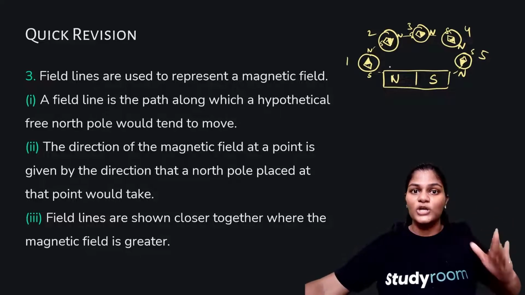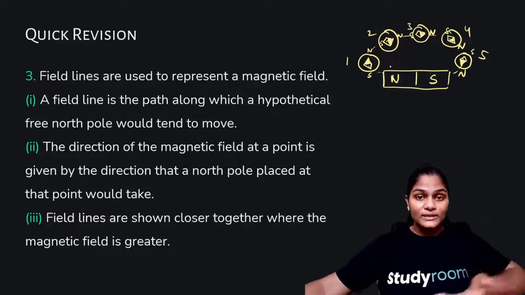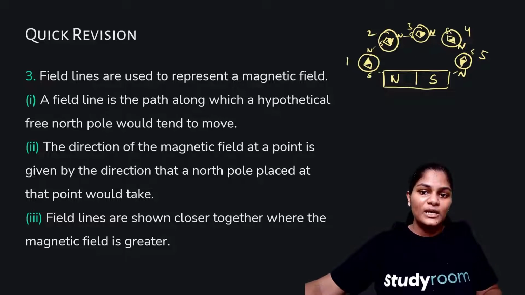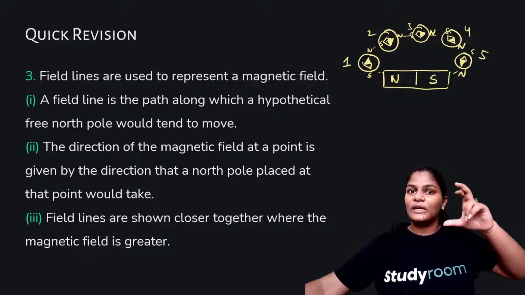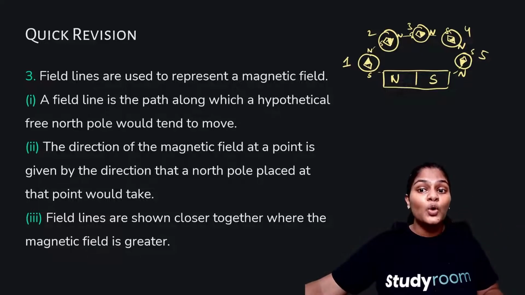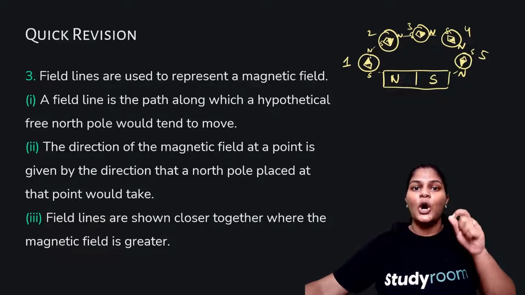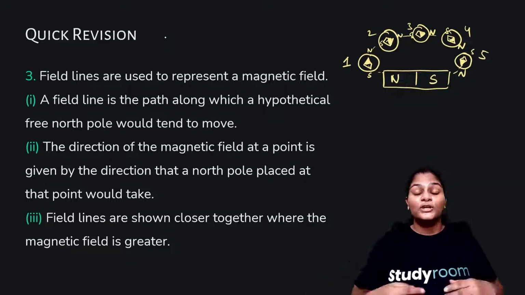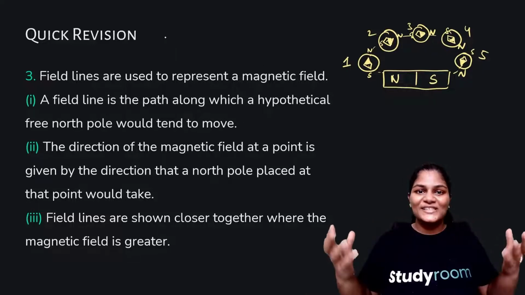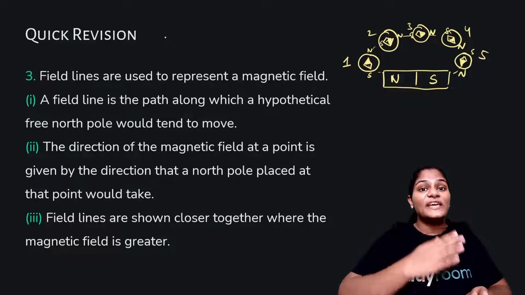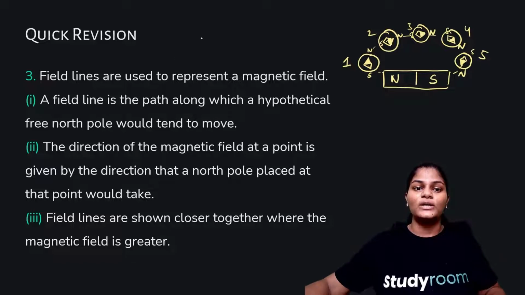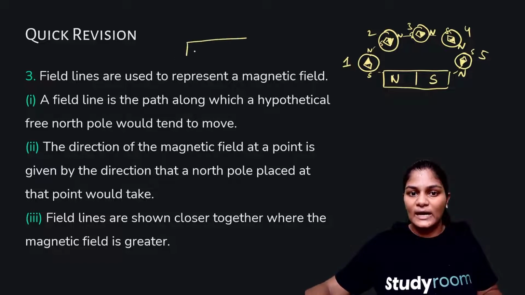So the experimentalists who were trying to study the magnetic field kept this compass needle at point 1, and they noted down the position of the north pole of the compass needle. I didn't just dream about it. This was experimentally seen. So what the experimentalists did was that they took this bar magnet.